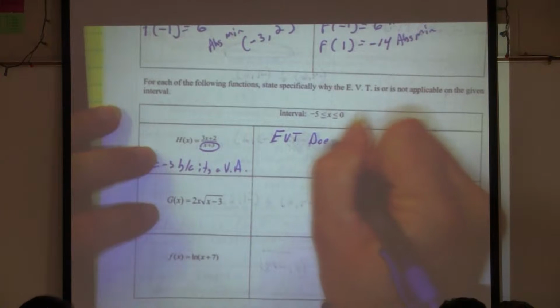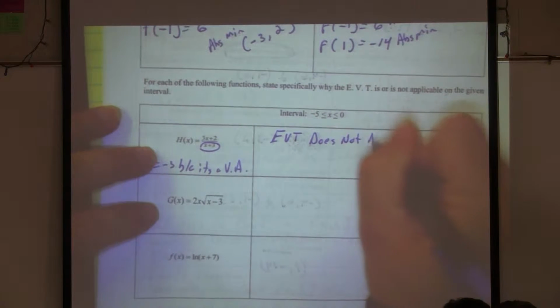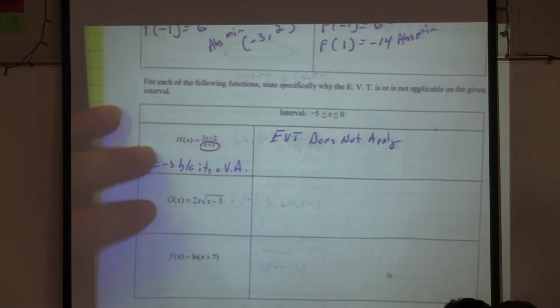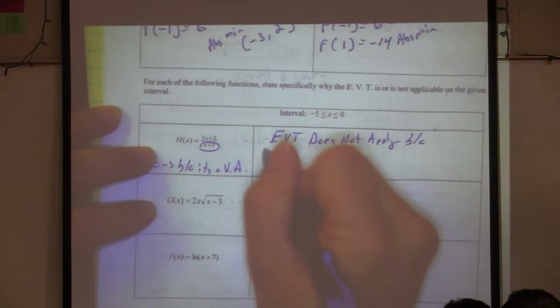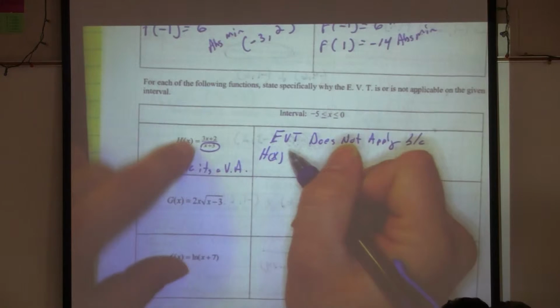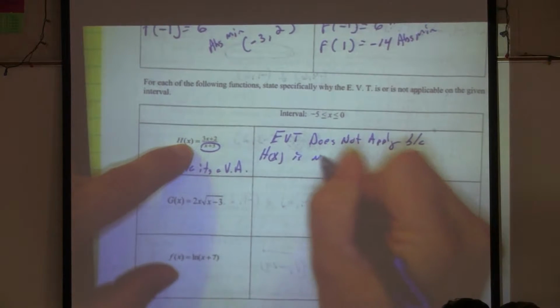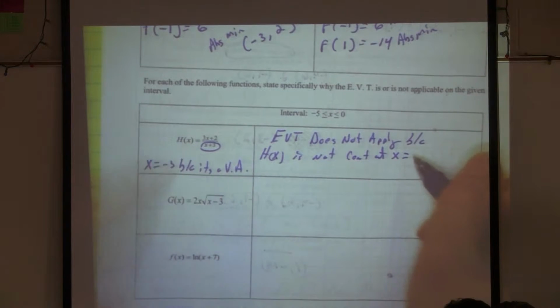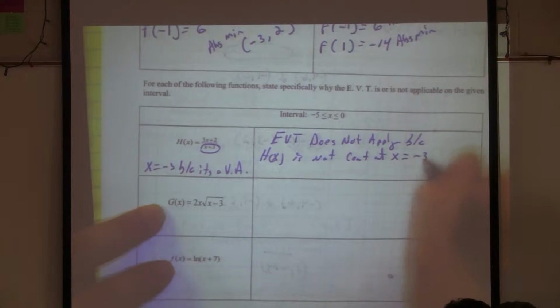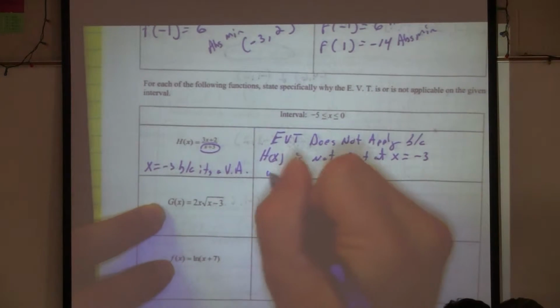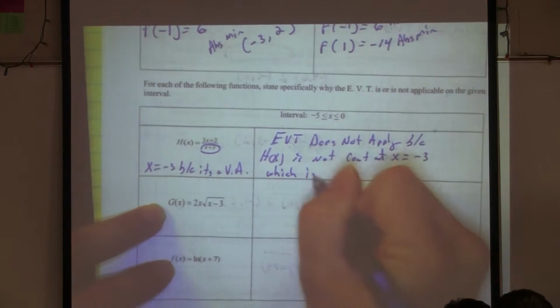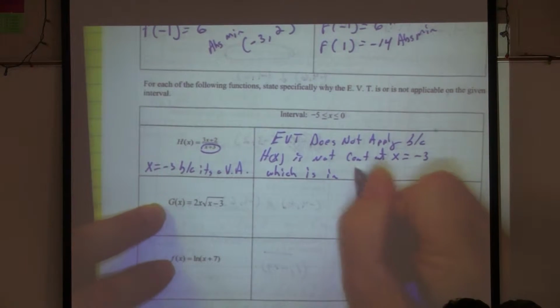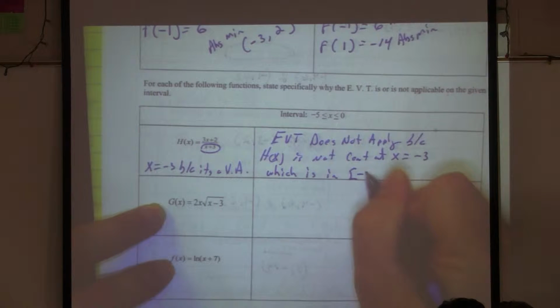EVT does not apply because h of x is not continuous at x equals -3, which is in the interval -5 to what?